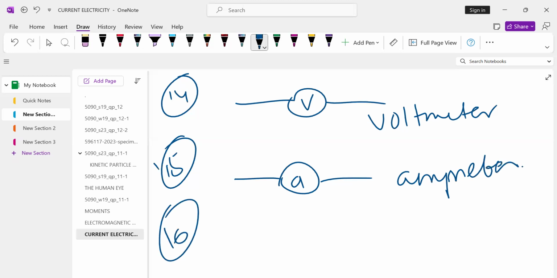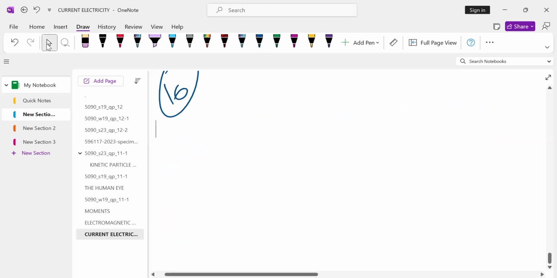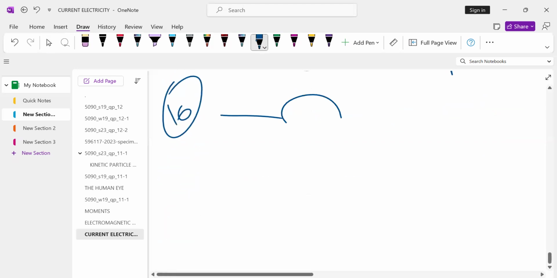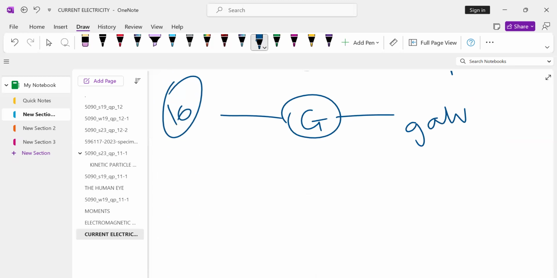Then the 16th symbol is a galvanometer. This time we will use a capital G. So the symbols of ammeter, galvanometer, and voltmeter are the same, but you just need to change the sign inside the circle.